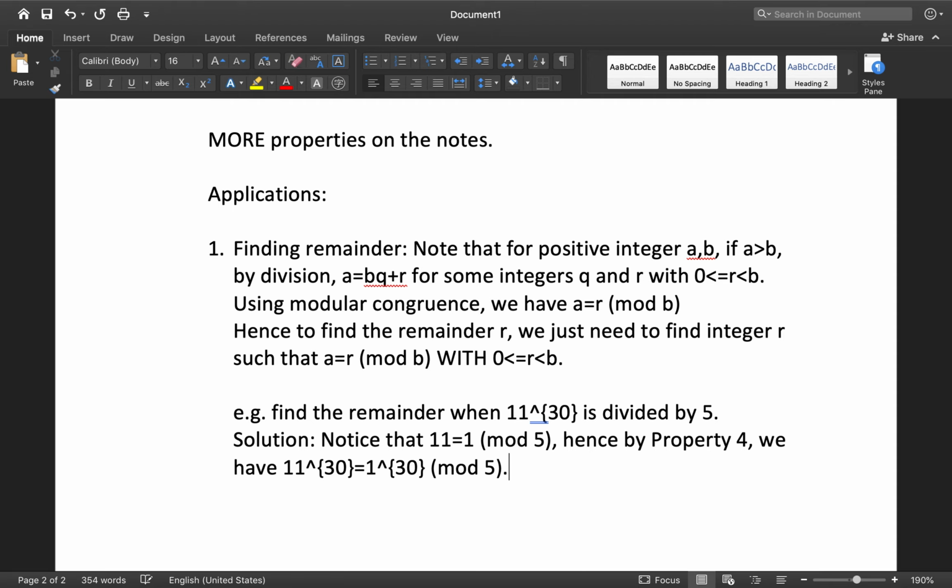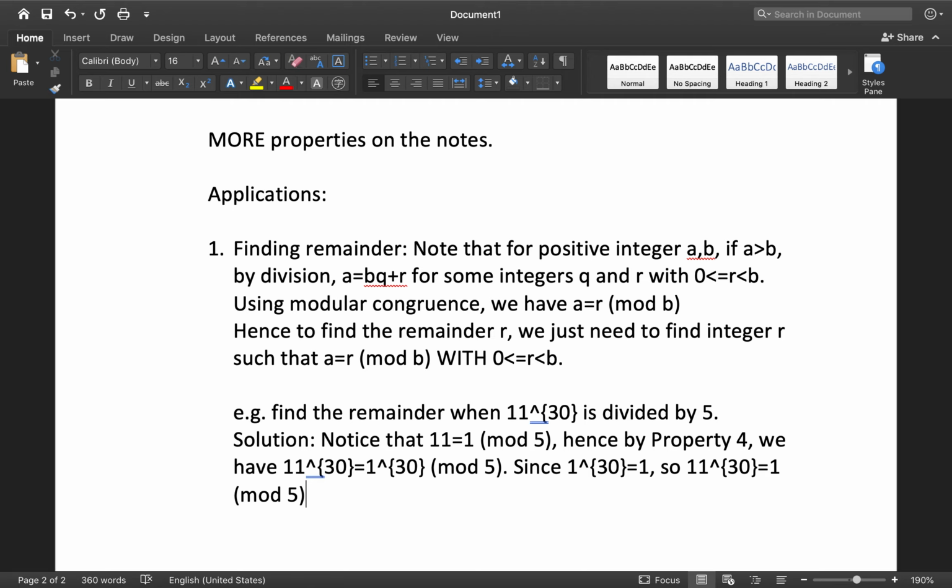Now, 1 to any power must be equal to 1. And so you just get 11 to the power 30 congruent to 1 modulo 5.